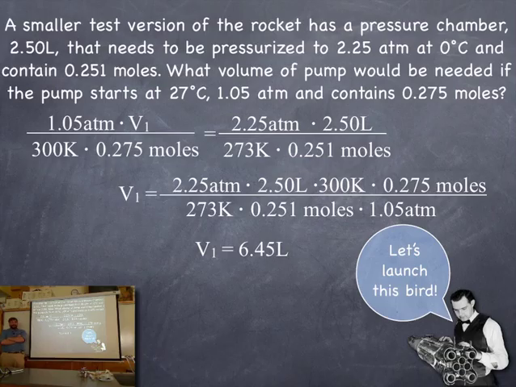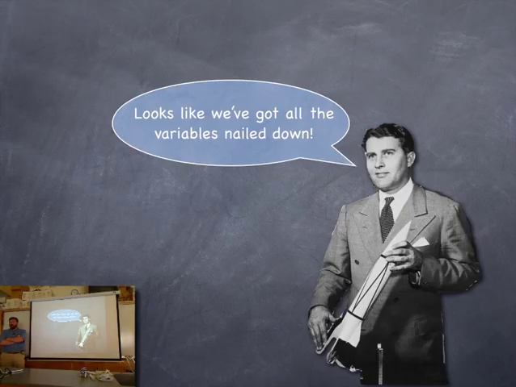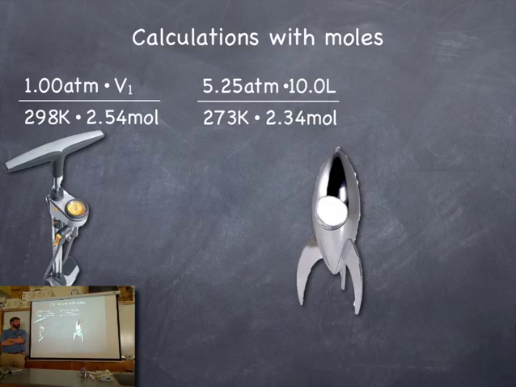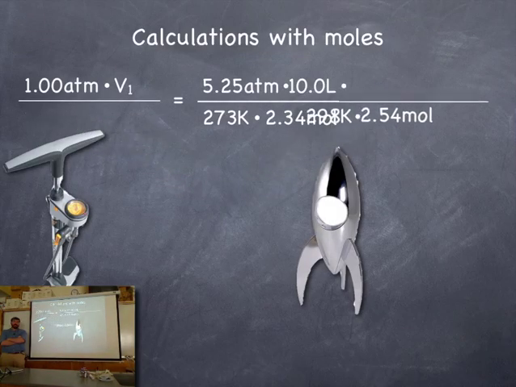So we've got all the variables nailed down. We can talk about pressure. We can talk about volume. We can talk about moles. We can talk about temperature. We can control all of the variables. We are ready to launch our rocket. I went back too far.